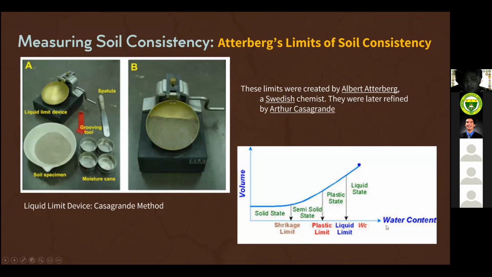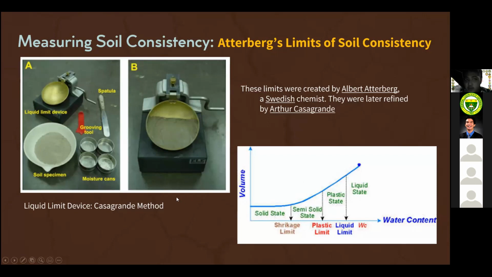So habang tumataas yung ating water content, as you can see here in this figure, meron tayong tinatawag na liquid limit kapag mataas yung water content ng soil natin. Then we have the plastic limit kapag mas kakaunti yung moisture compared to liquid limit. Then the shrinkage limit, which is pag mababa yung soil moisture natin.